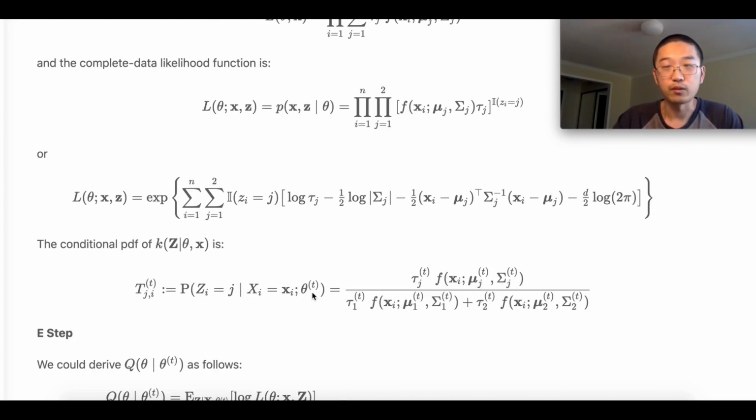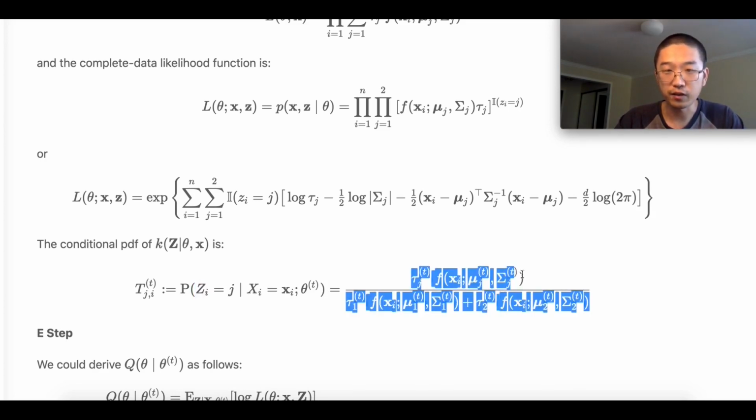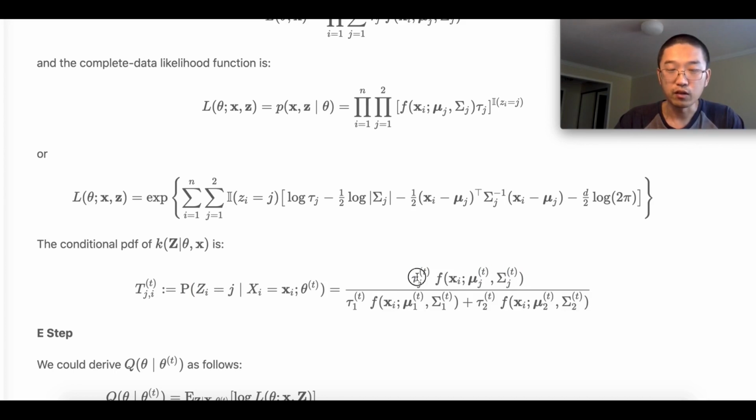Same thing, we're going to use Bayesian rules. So the numerator here is the probability of Z equal to j and Xi equal to xi and theta equal to theta t. This is the joint PDF of Z, X, and theta.